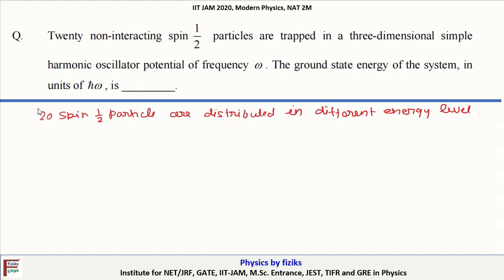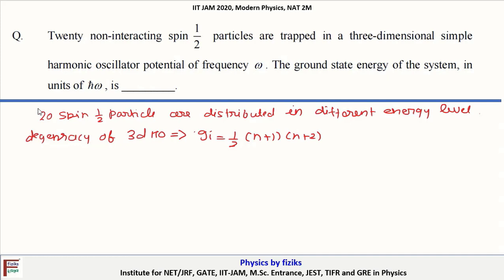We know the degeneracy for a 3D oscillator, 3DHO, is given by g_n equals 1 by 2 (n plus 1)(n plus 2).